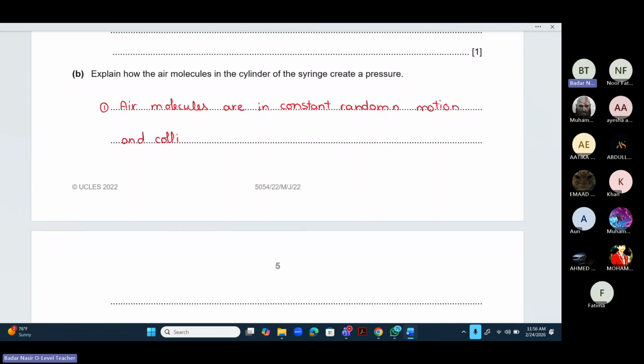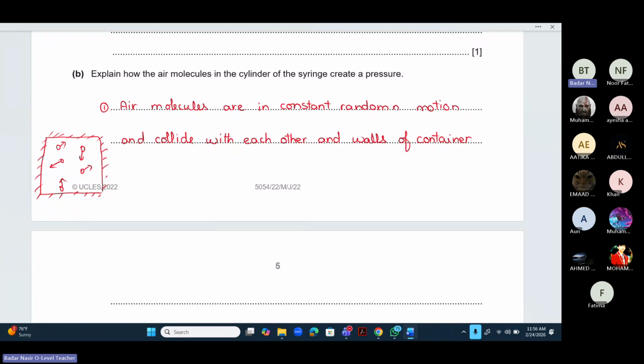collide with each other and walls of container, ठीक है। सो ये पहला पॉइंट कि एयर के जो एयर मॉलिक्यूल्स जो होते हैं वो रैंडमली मूव कर रहे होते हैं, ठीक है। सो दे आर इन कांस्टेंट रैंडम मोशन। ये आपस में कोलाइड करते हैं and they are also hitting the walls of a container and they are constantly colliding with the walls of container as well.